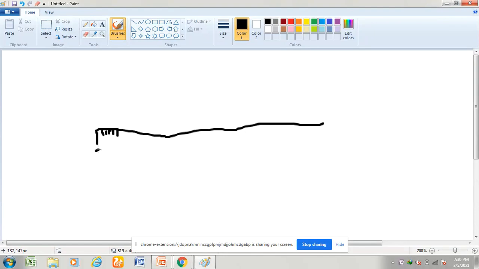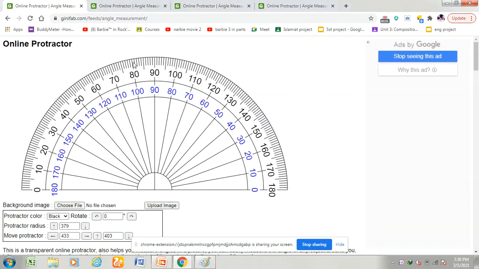This is our one, the five, this is our two, and so on. Such as this three. So we have to find two. So this is the one. This is the two. It's also like that. So this is the 80-degree.